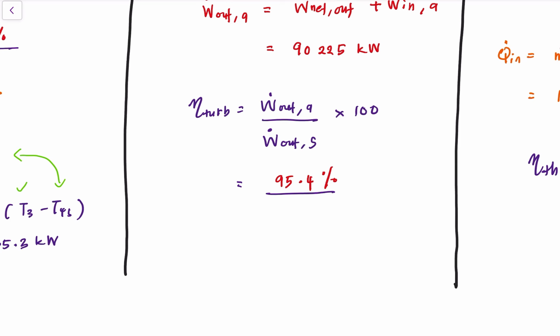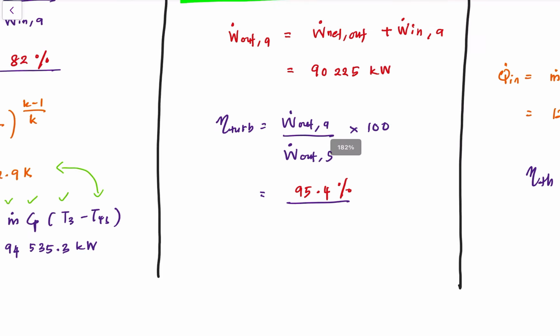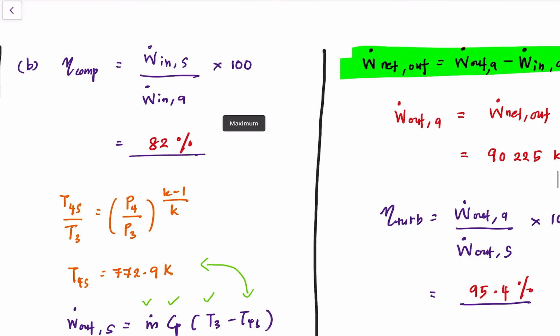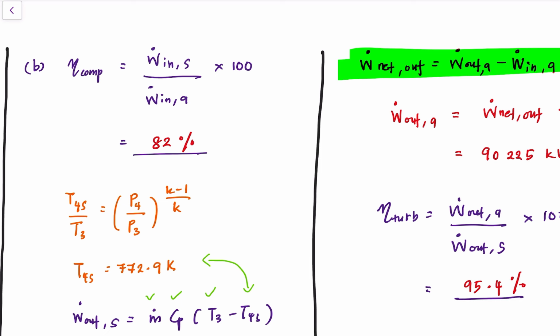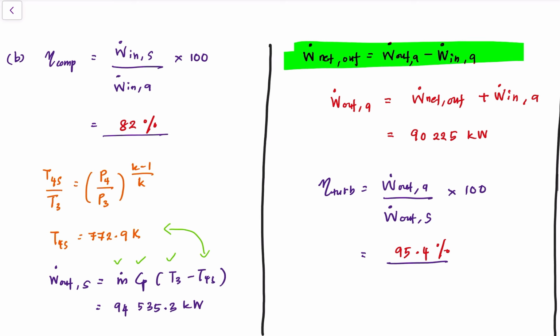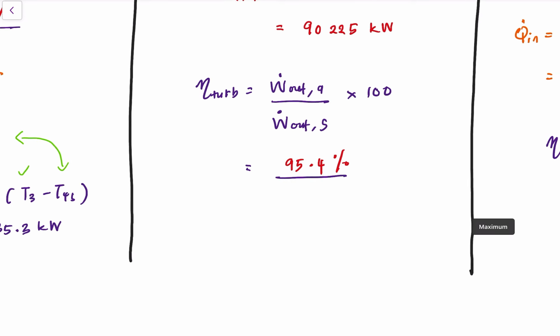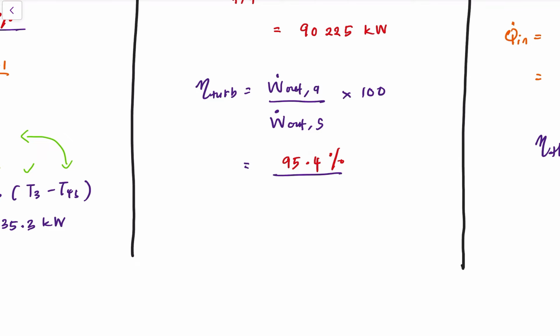The isentropic efficiency for the turbine will be the actual over the ideal, and for the compressor will be the ideal over the actual. Please ensure that you are using the correct formula to determine this isentropic efficiency for the specific devices. Alright, so for the isentropic efficiency of the turbine, you're going to get 95.4%.